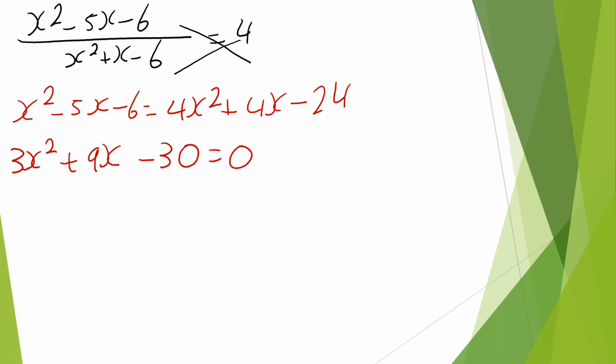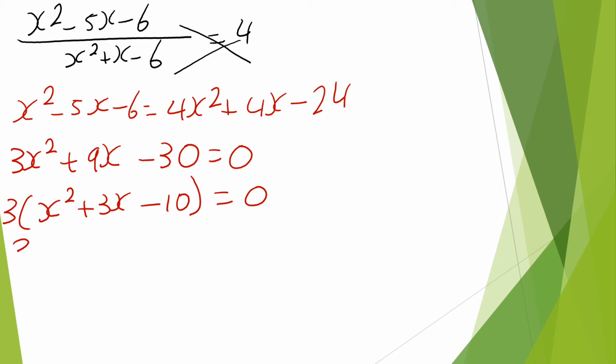And remember, now we need to factorize. Once it's equal to 0, then you start factorizing. And remember, the first rule of factorization, we look for the common factor. So 3 is a common factor. And now we will look for the two factors that multiply to -10 and add to 3. And that's obviously +5 and -2.